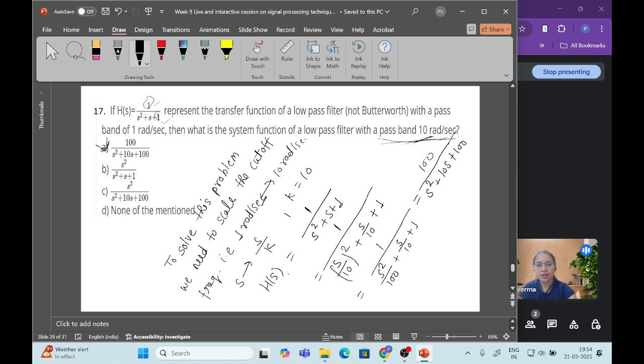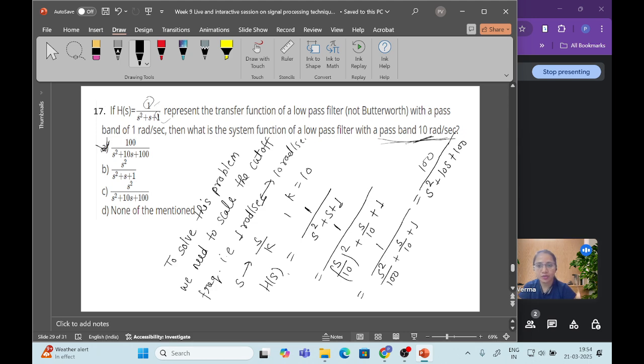Here the first cutoff frequency is 1 radian per second, and we have to replace it by 10 radian per second. For that we need to scale s, so we will replace s with s by K, where K is the scaling factor, which is given as 10. Just put s by 10 in that same equation and you will get it. I hope you have got this question.